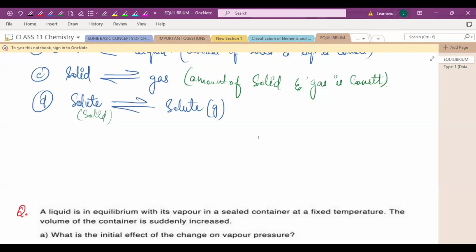The substance is converted from which state to which state? From solid to gas. Yes, very good.